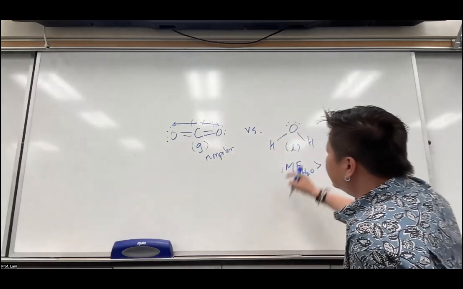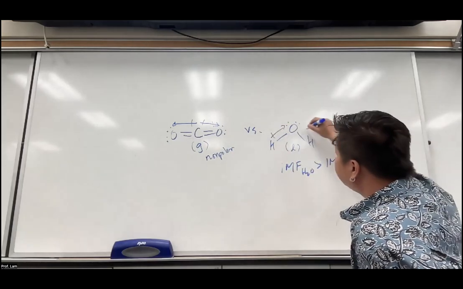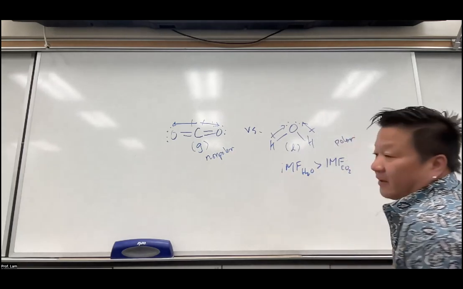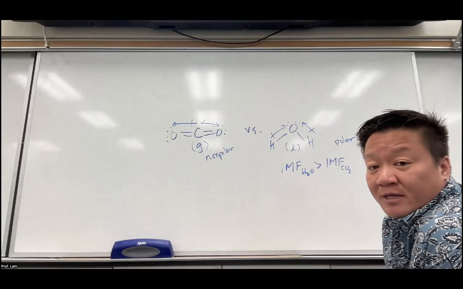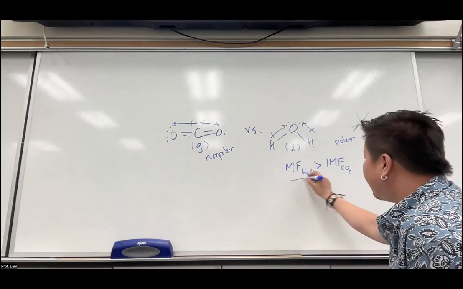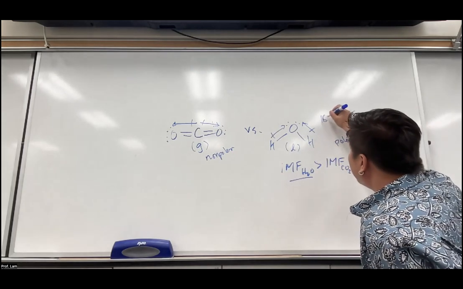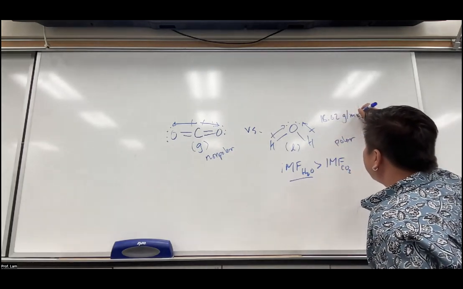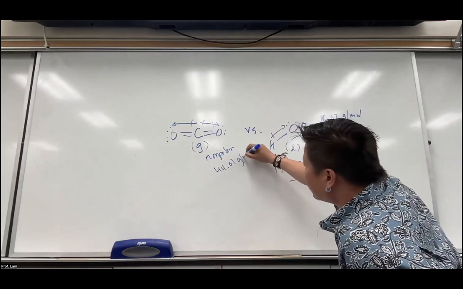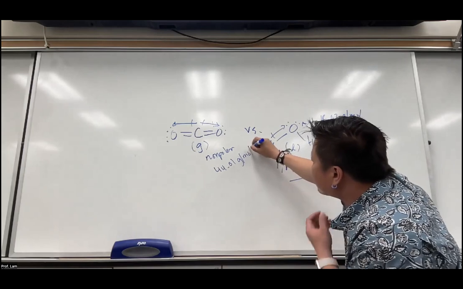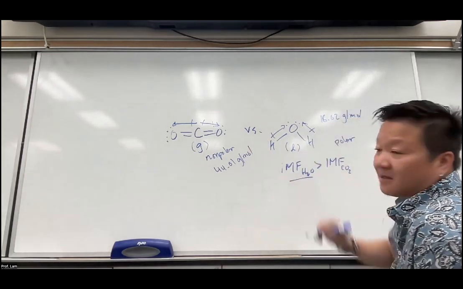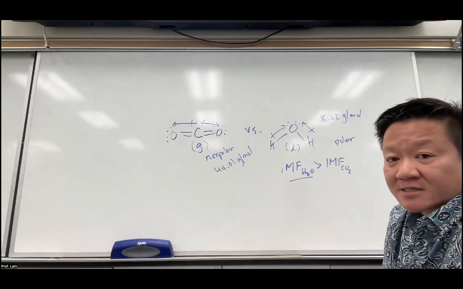It's non-polar. Water here is polar. And we're going to learn in a second why polar things are stronger than non-polar things as far as their IMFs. And so that's why, even though water is 18 grams per mole versus carbon dioxide at 44.01 grams per mole, even though this is smaller, it's in the liquid state, as opposed to CO2.